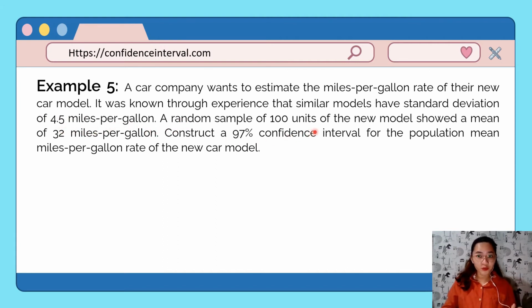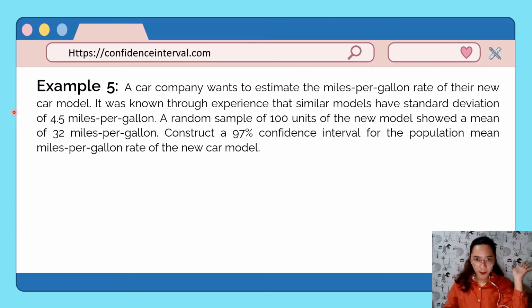A random sample of 100 units of the new model showed a mean of 32 miles per gallon. Construct a 97% confidence interval for the population mean miles per gallon rate of the new car model. Ang goal po natin is to get the 97% confidence interval dito sa ating situation na ito.